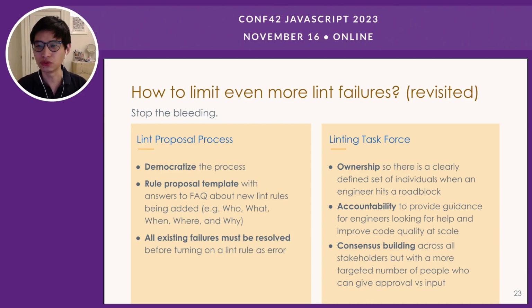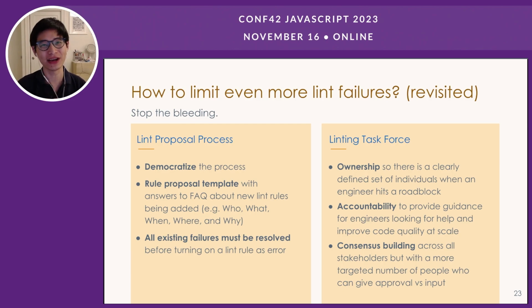So to really stop the bleeding even more, right, we introduced 2 new things. One was a lint proposal process, and one was a task force to own the linting framework.